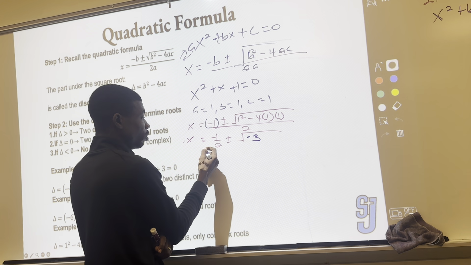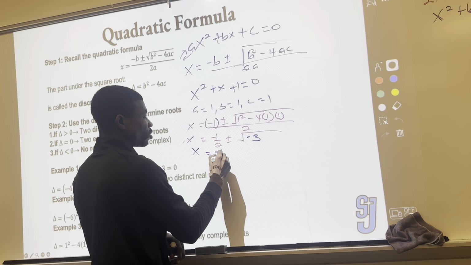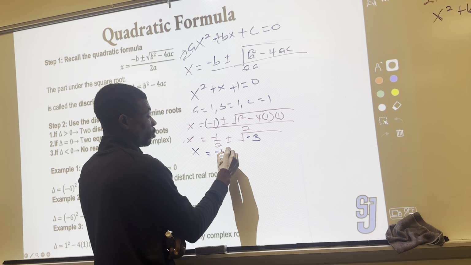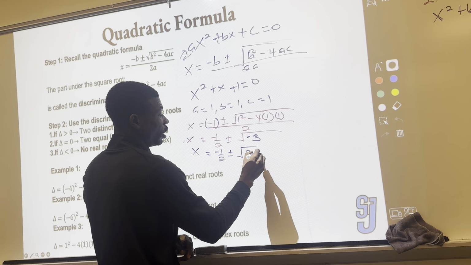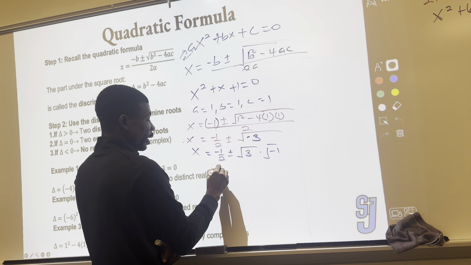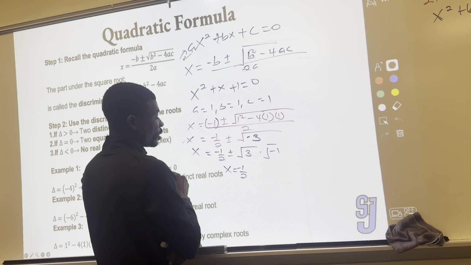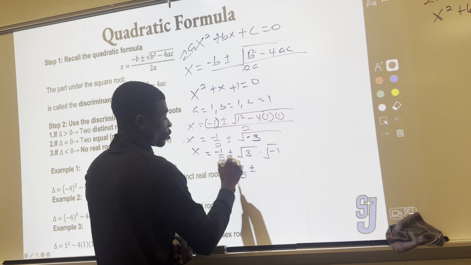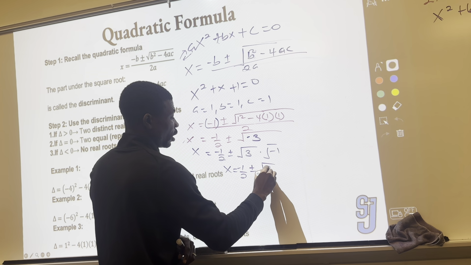Okay, now how did we say we solve this? To be able to solve this, I have -1 over 2 plus or minus, and to solve for this, I have 3 times -1, and my x values are -1/2 plus or minus √3i.